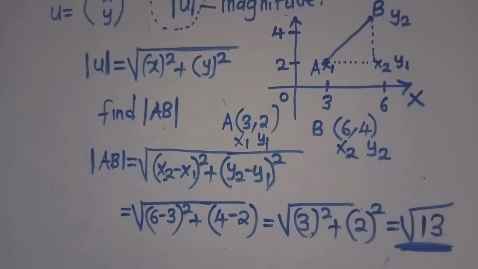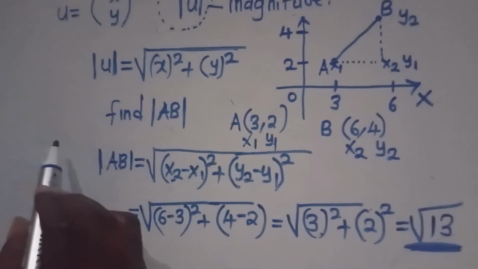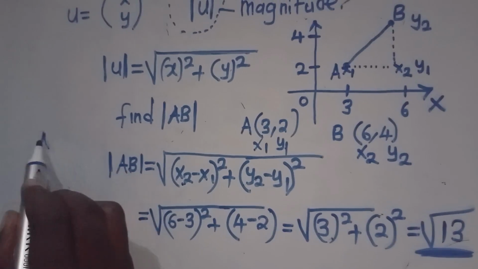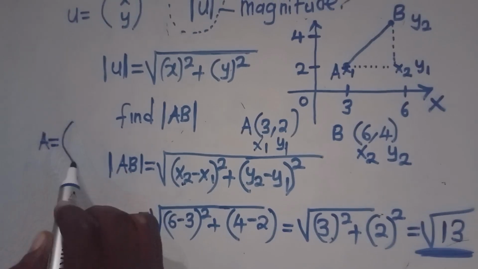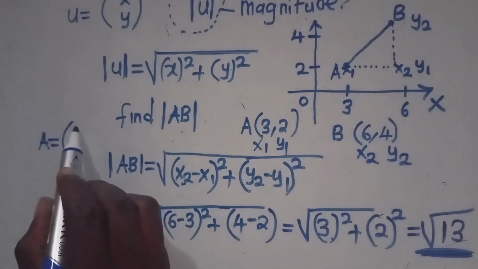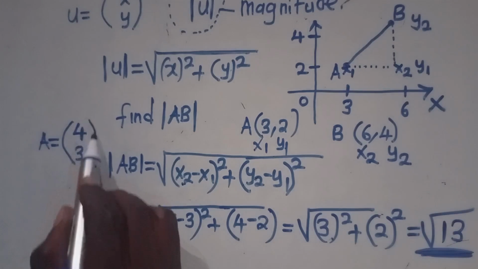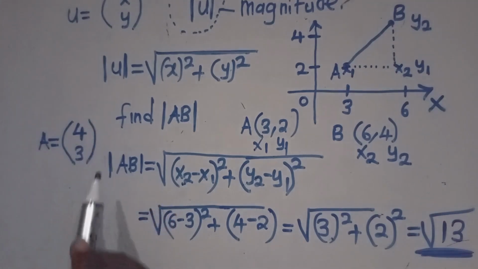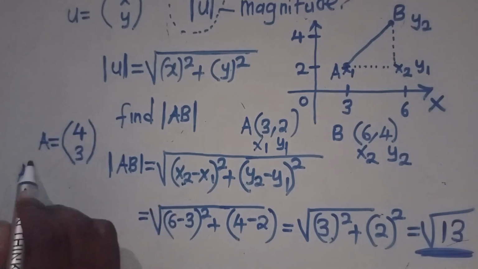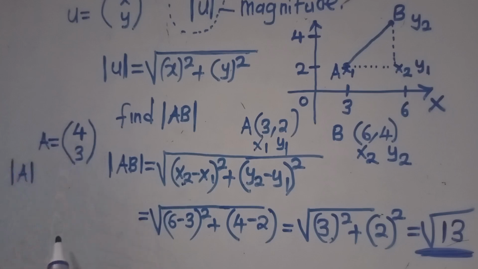But in a case where you are just given one coordinate, it is very simple. For example, if A is equal to (4, 3), and you are asked to find the modulus of A, you just say this is equal to the square root of x squared plus y squared.